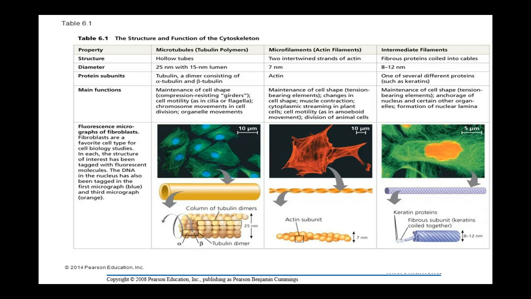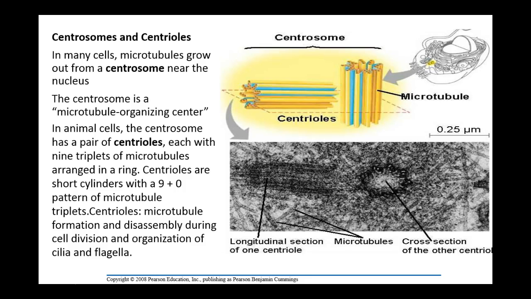This actual chart really puts it all together for you. And as I said, centrioles and centrosomes. Centrosome is the site of centriole production. It's near the nucleus. It grows these microtubules, and centrioles have a design.